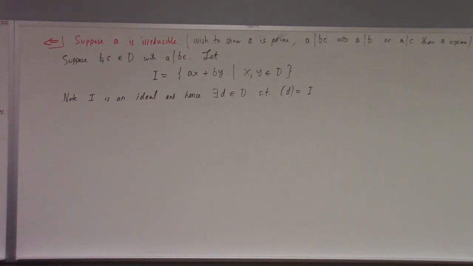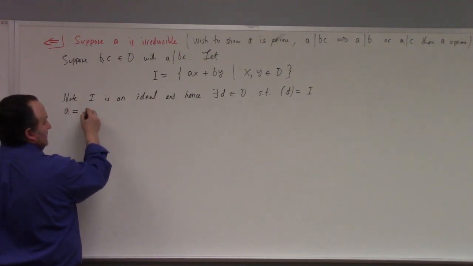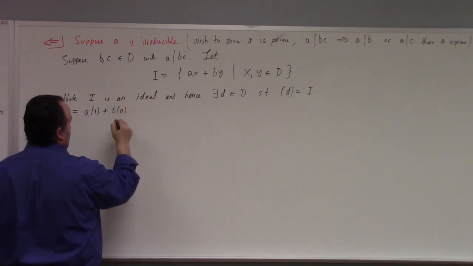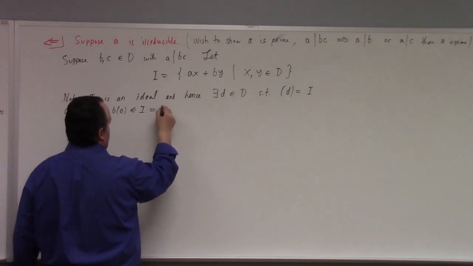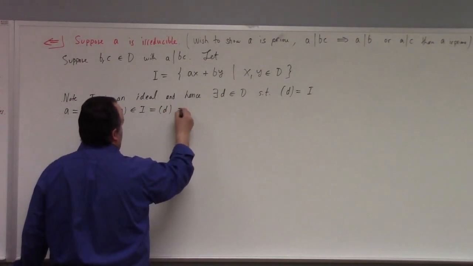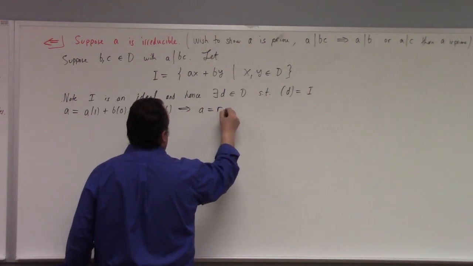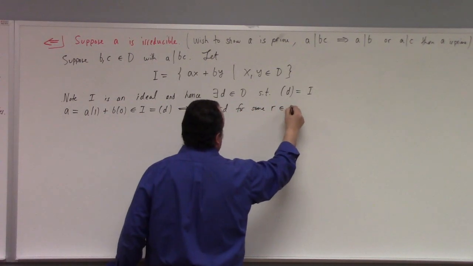All right? But of course, A is equal to, well, A times 1 plus B times 0, is it not? And that's an element of I, which is equal to the set generated by D, which of course implies that A is equal to R times D for some ring element R in the domain.